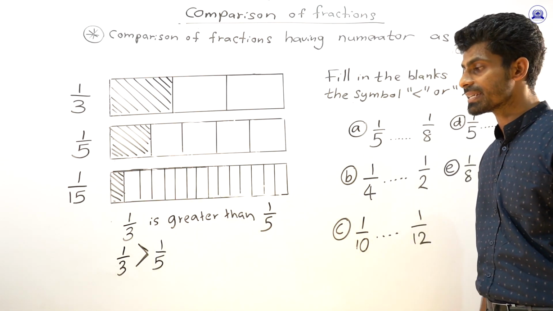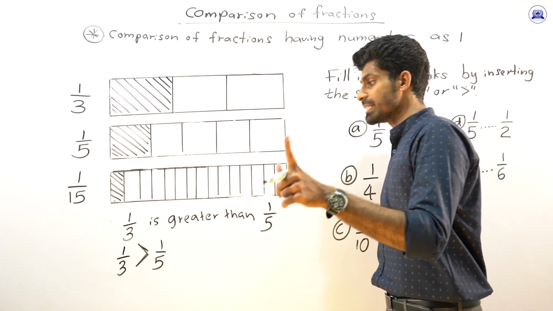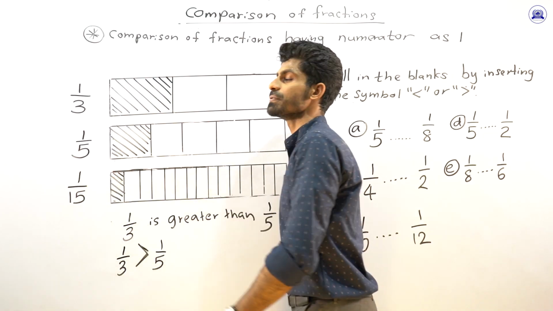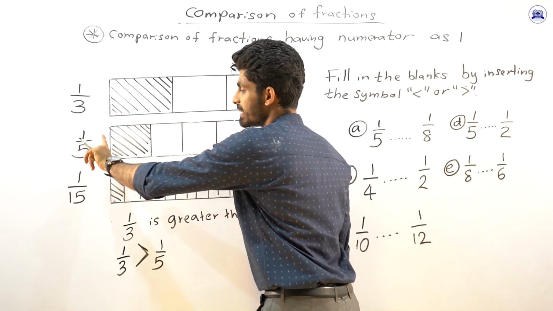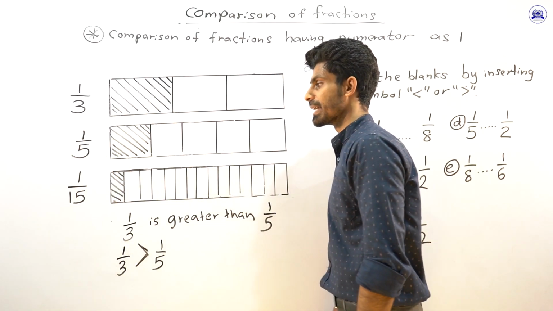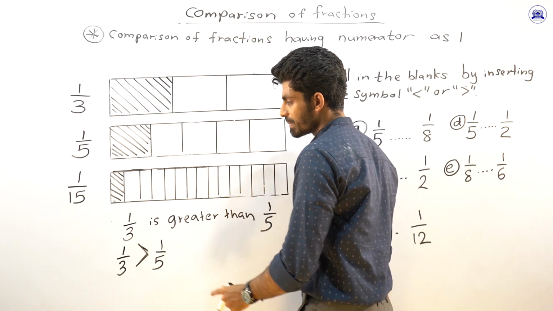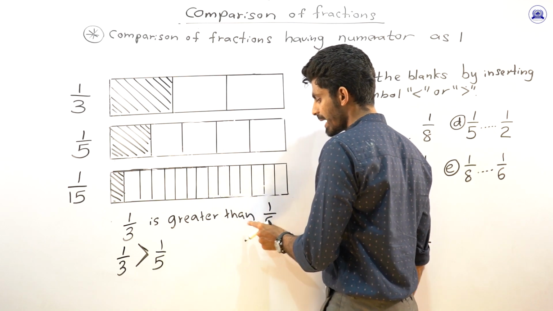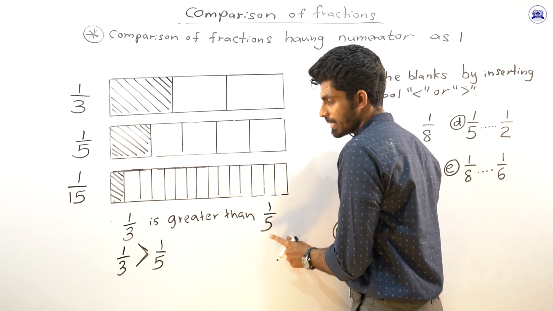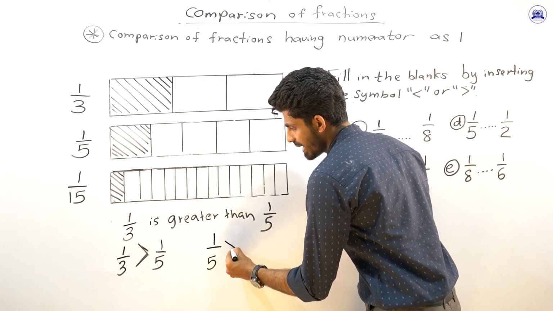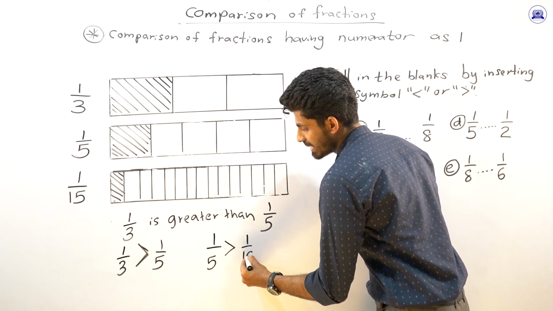Then you can see 1 over 5 is greater than 1 over 15. So that means you can write down 1 over 5 is greater than 1 over 15.